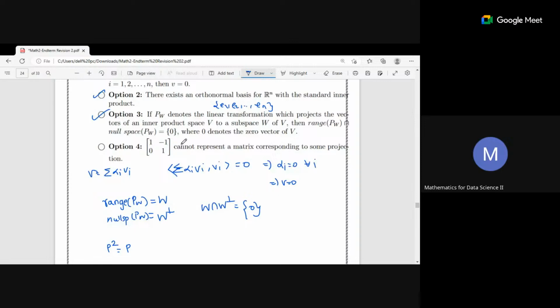So suppose you consider this as P. What is P squared here? It is not equal to P. So here this cannot represent a projection. Okay. Fine.